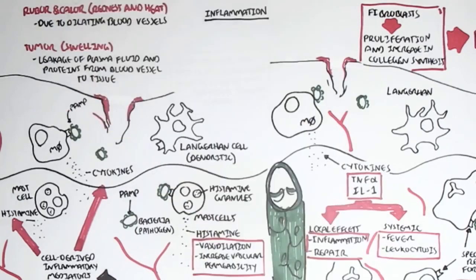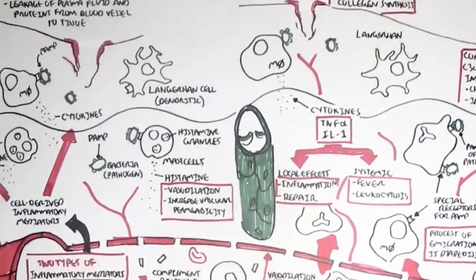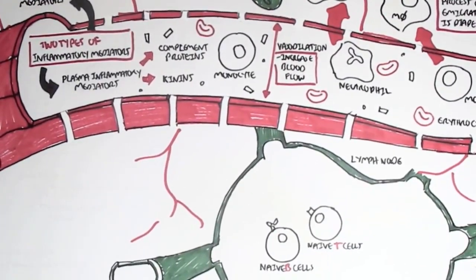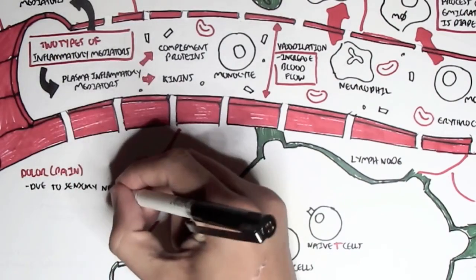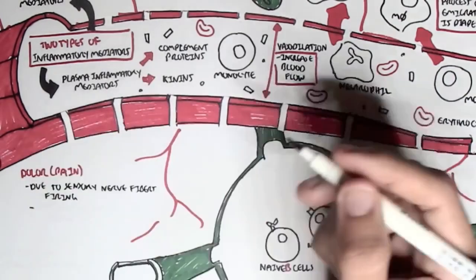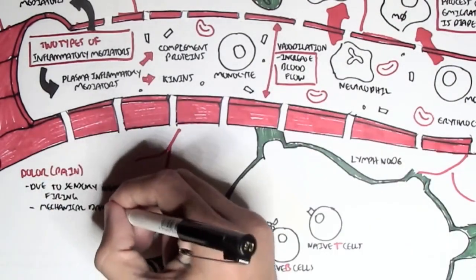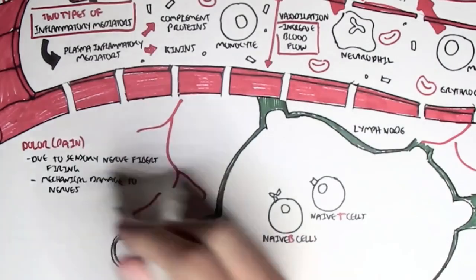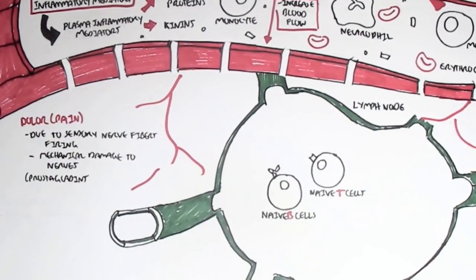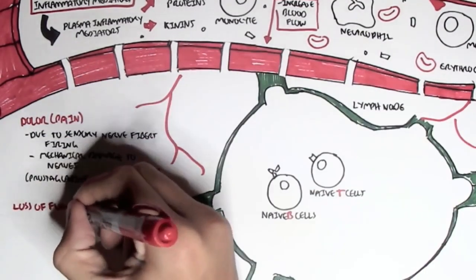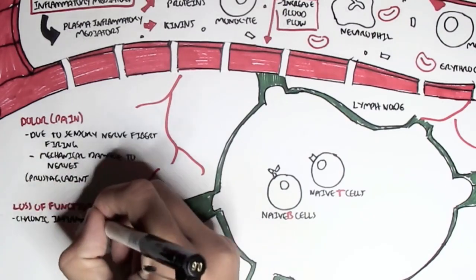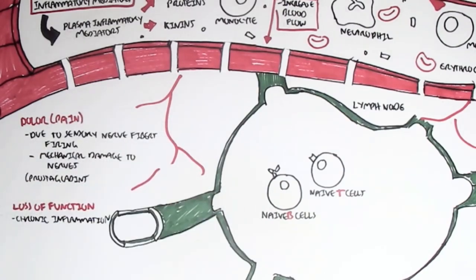The 4th Greek word that denotes inflammation is dolor, which is also Latin, I think, and that denotes pain. And this is due to the sensory nerve fibers firing, and also there can be mechanical damage to the nerves. And also prostaglandins, remember, causes pain. Now, there can also be a fifth characteristic of inflammation, which is loss of function, and this is usually when it's chronic inflammation.